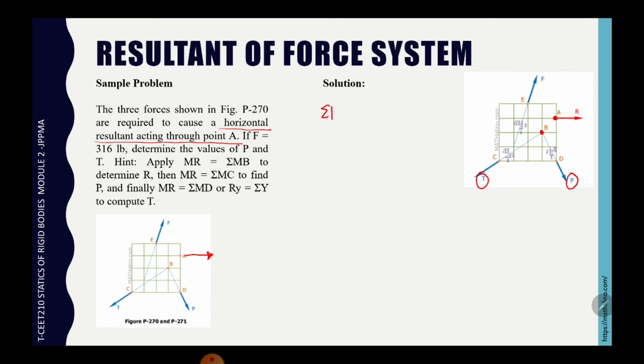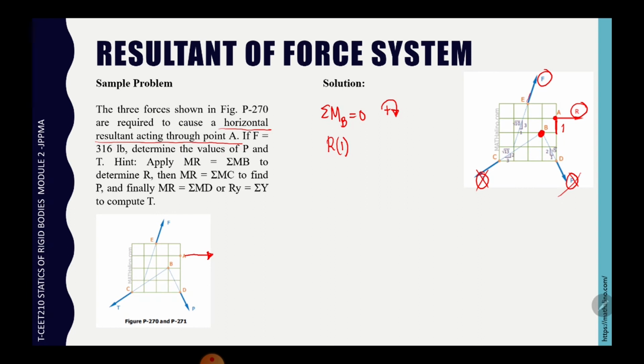So, summation moment at B is equal to 0, where positive po yung gagamitin ko sa clockwise direction. So, ayan. Cancel na to si T at saka si P kasi nag-a-act siya dito sa point na to. Kaya maka-cancel siya. Kaya ang matitira na lang si F at saka si R. So, since this is a clockwise direction, so positive R times yung distance niya. Ang distance niya ay 1 times 1.